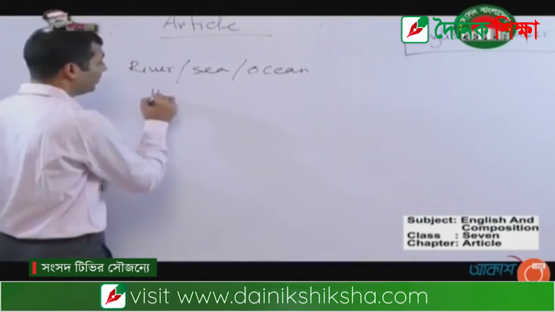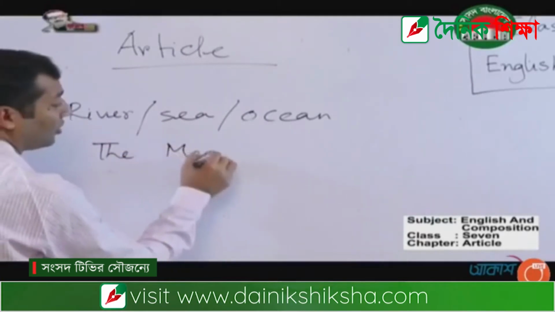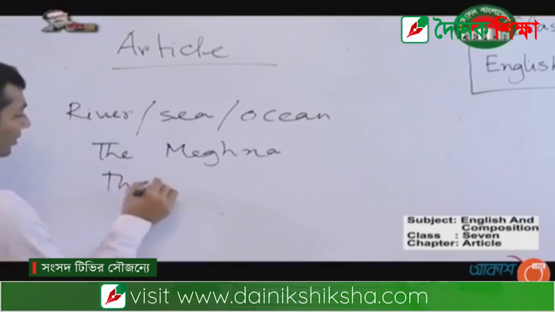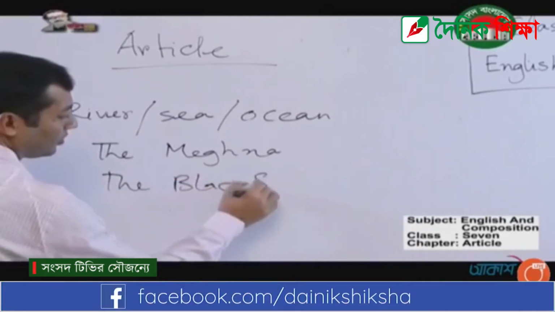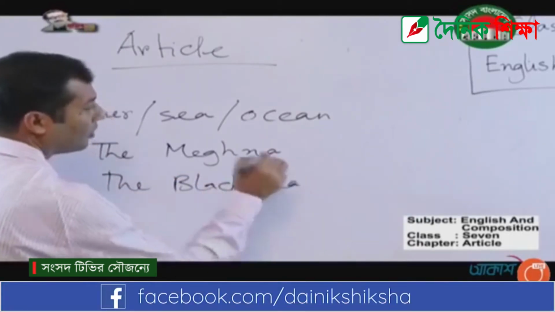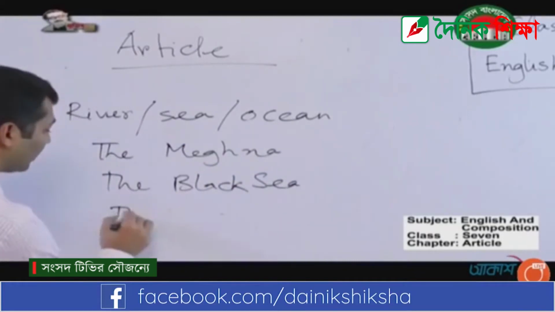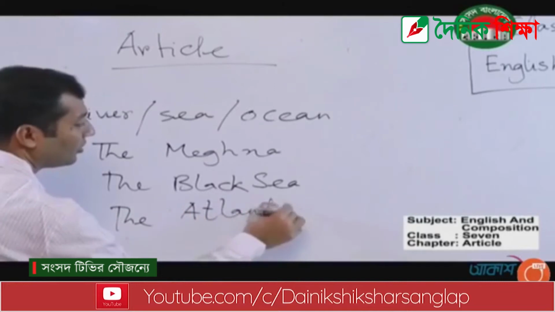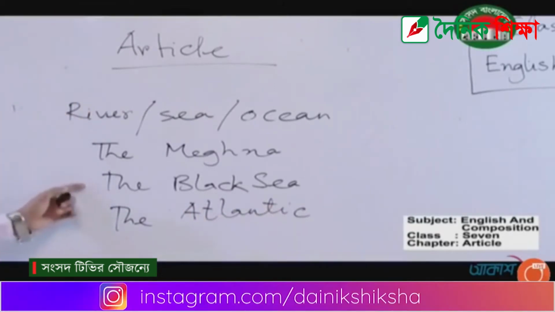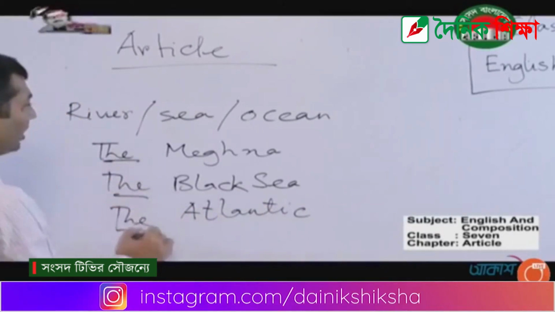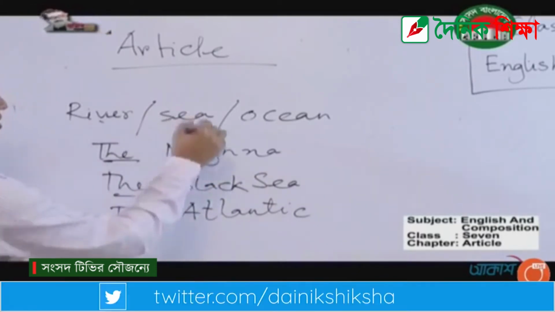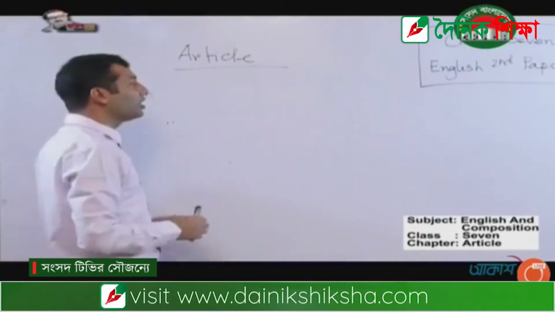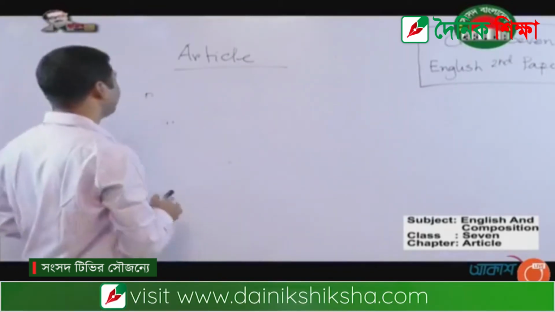For example, the Meghna, the Black Sea, an ocean, the Atlantic. So you need to use the article the before the names of rivers, seas, oceans, and mountain ranges.